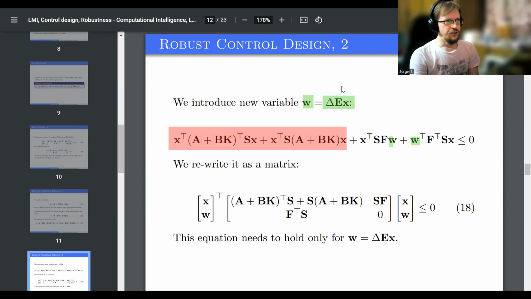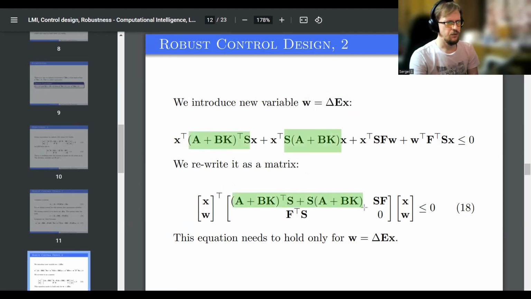This part stays exactly the same as in the original derivation. Next, what we do is rewrite this as a matrix. So these are the parts in front of x, they go here. This is the part in front of omega, multiplied by x, so this part goes here.